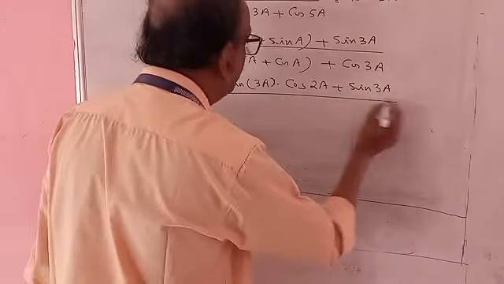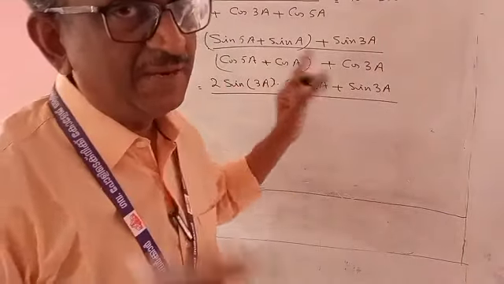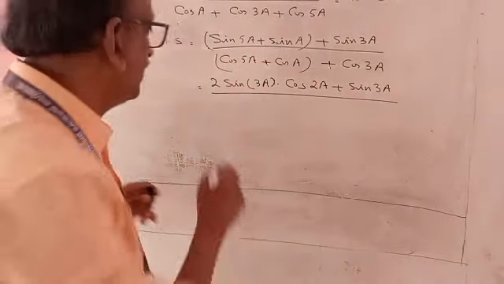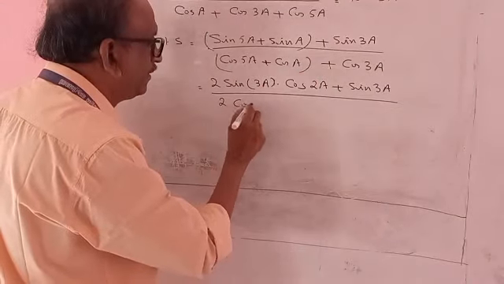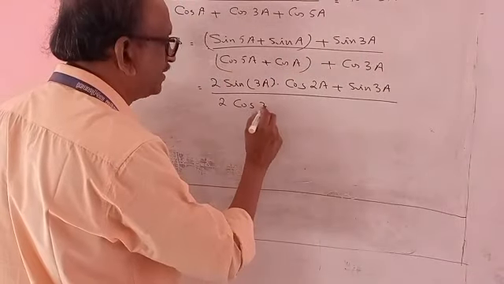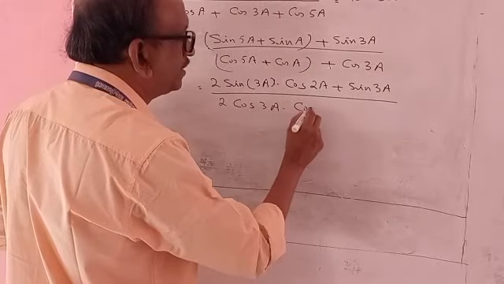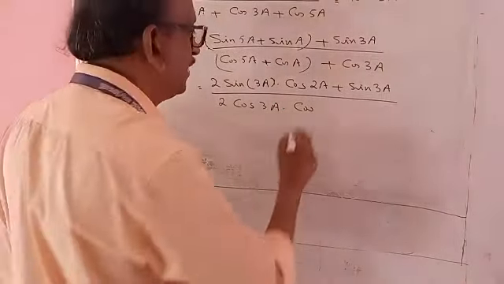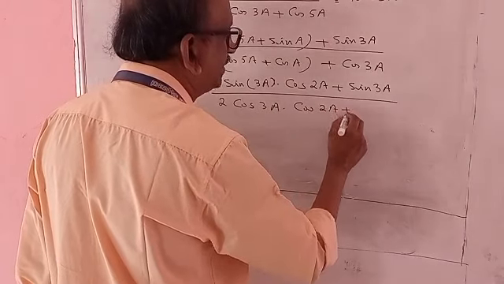Divided by, here cos c plus cos d. Apply the product rule. Cos c plus cos d is 2 cos (c plus d)/2 into cos (c minus d)/2. 5a plus a is 6a, 6a by 2 is 3a, into cos (5a minus a)/2, 4a by 2 is 2a, plus cos 3a.